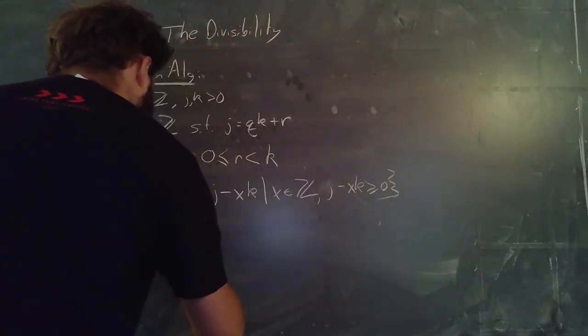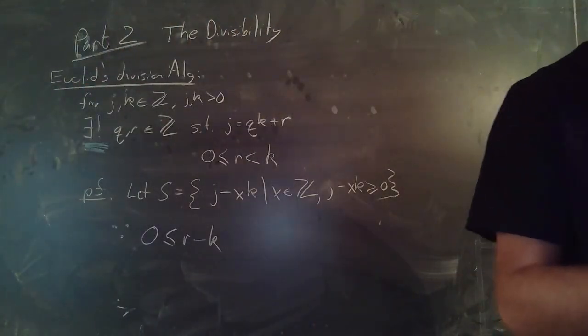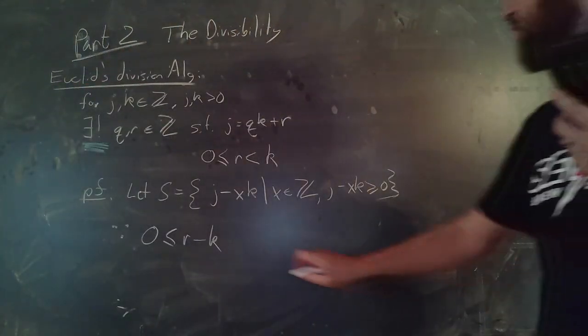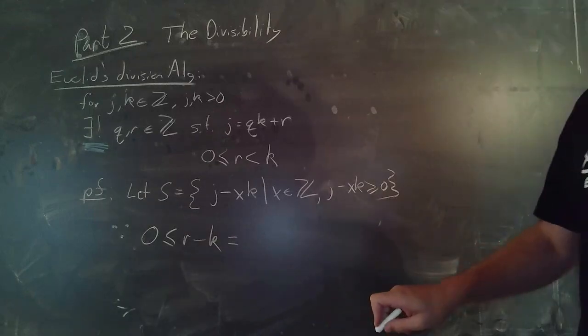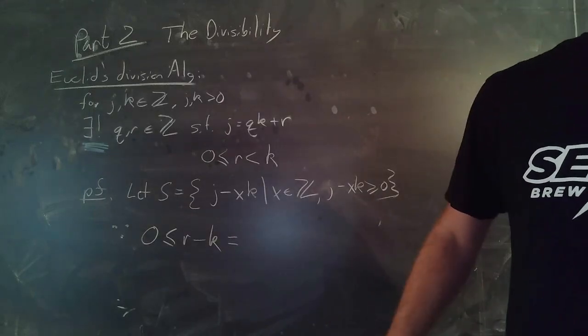0 is less than or equal to r minus k, which would be equal to j minus qk minus k.